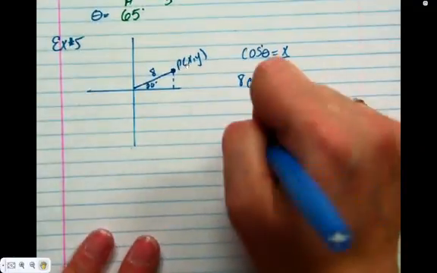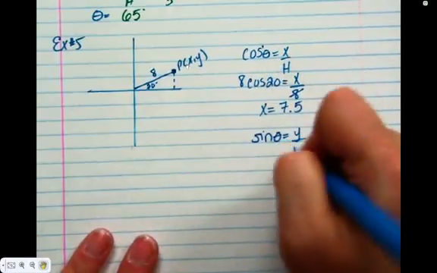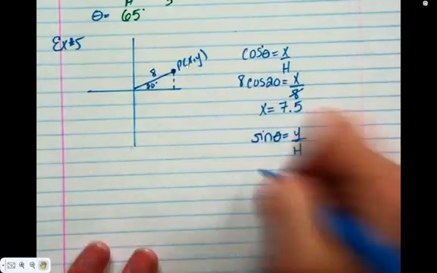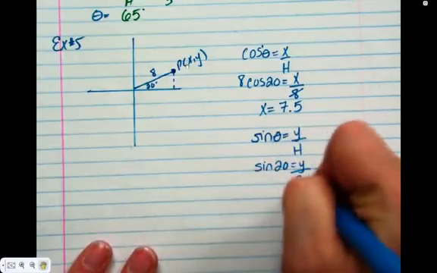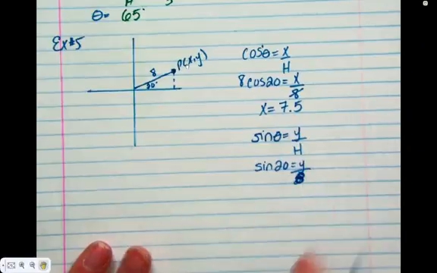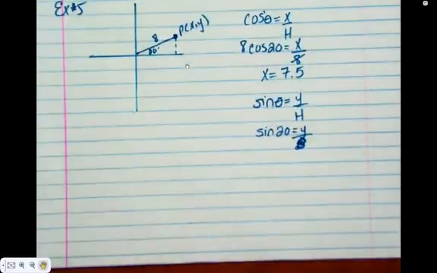Ooh, sine. Tell me about sine. Sine of 20 equals y over 8. That's an 8, but I started to write a 2, but it's an 8. I was thinking 20 in my head. Let's say I'm dividing something by 8.